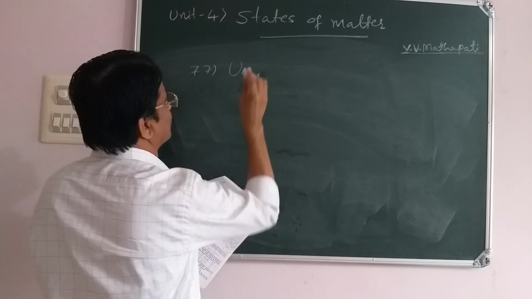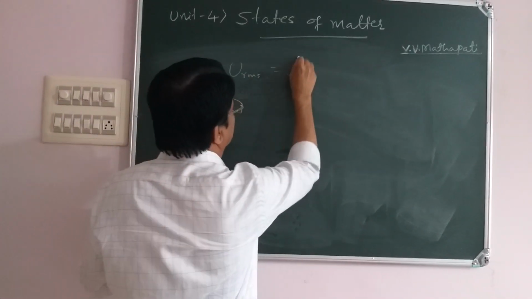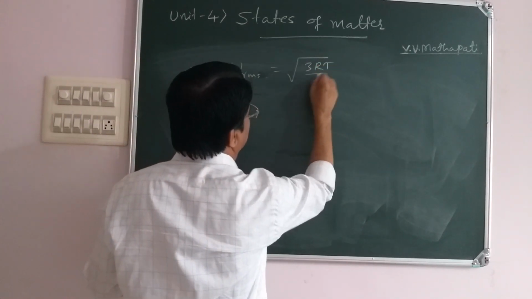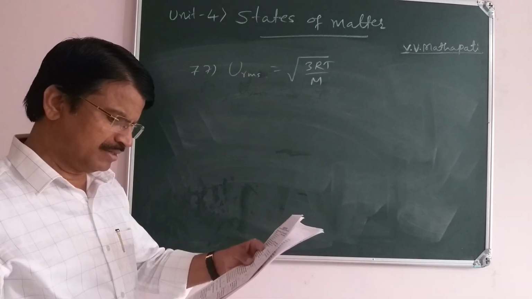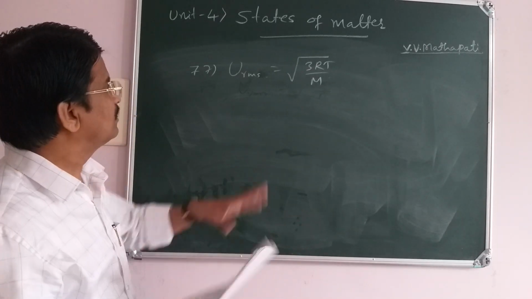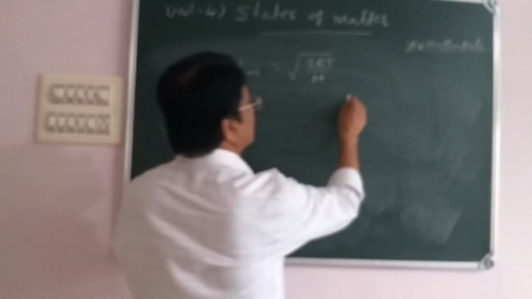Root mean square velocity equals root of 3RT by m. This is the RMS velocity formula, and you have to relate it with the KE formula.